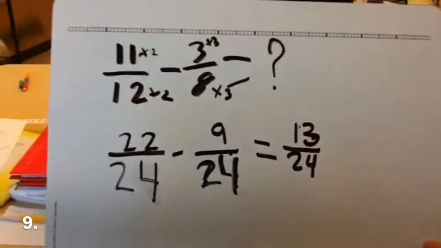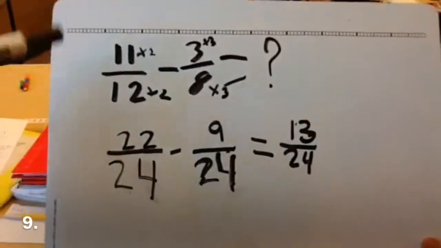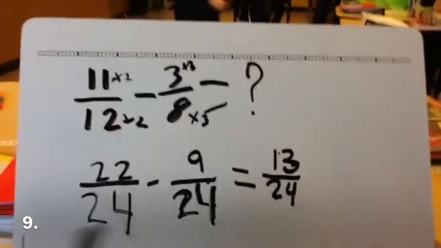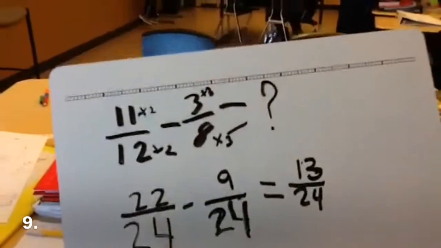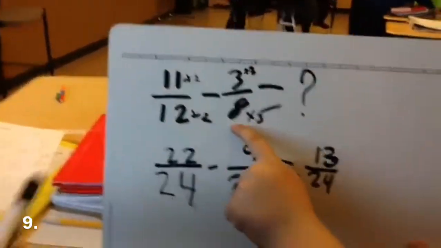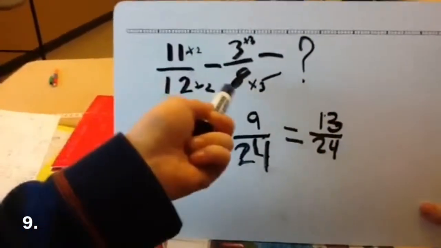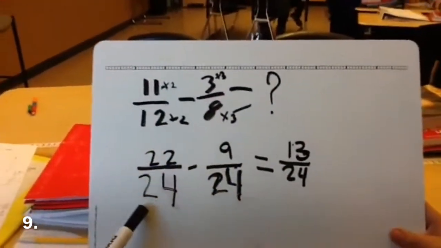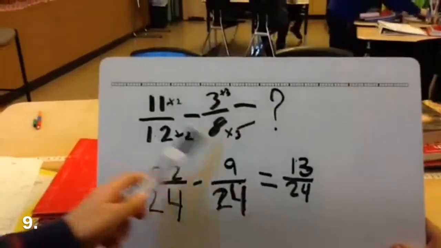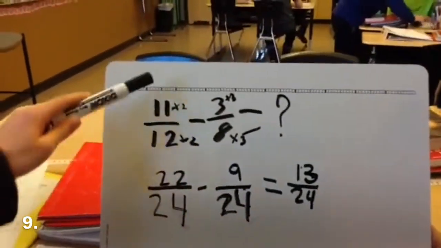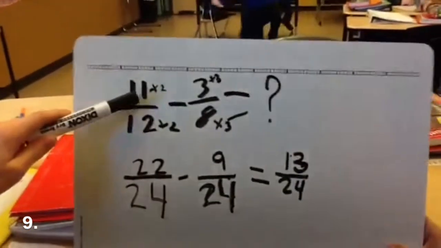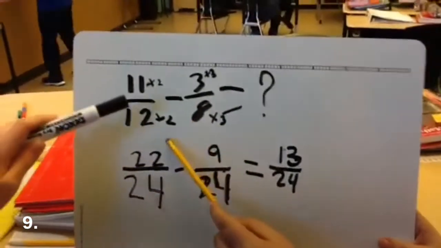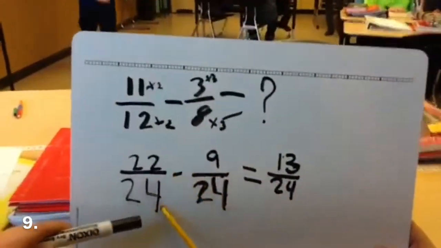All right, number 9 on your homework is 11/12 minus 3/8. You start out trying to find an equal denominator. Well, something that both of these numbers go into. And 24 would be a good one, because 11 times 2 would equal 22. 12 times 2, 24.